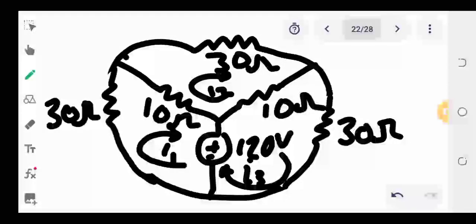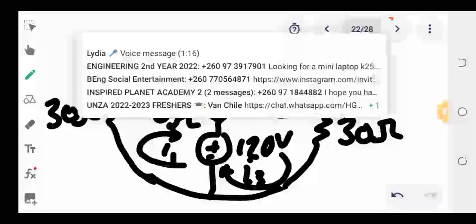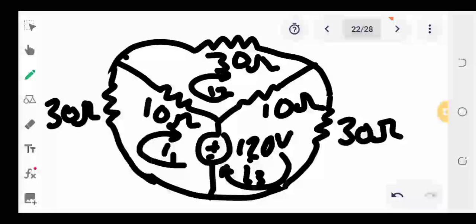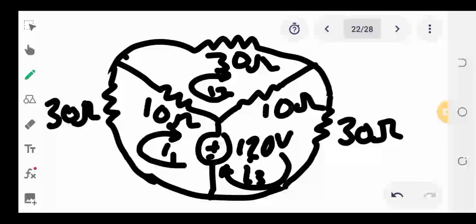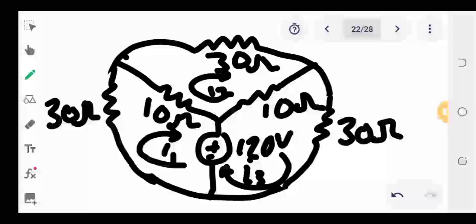Using mesh analysis, we have been asked to determine the values of I1, I2, and I3.